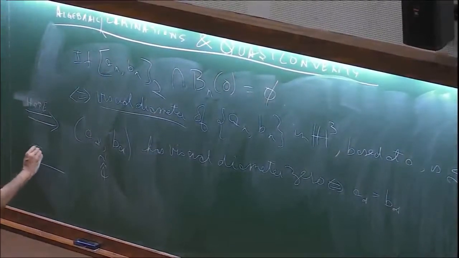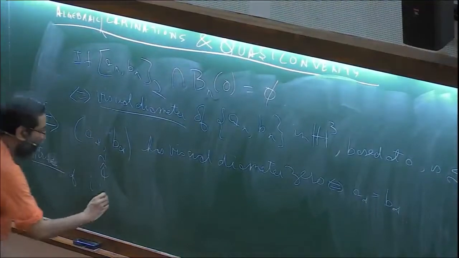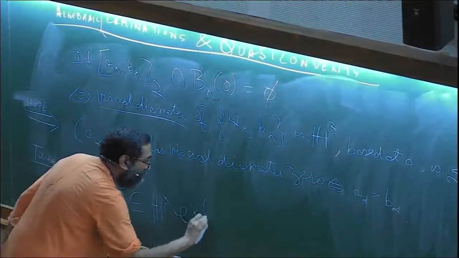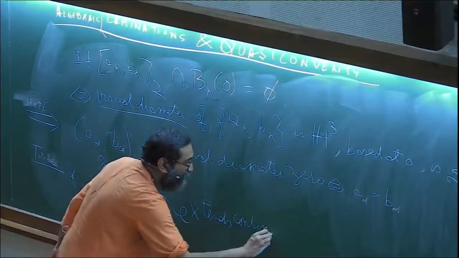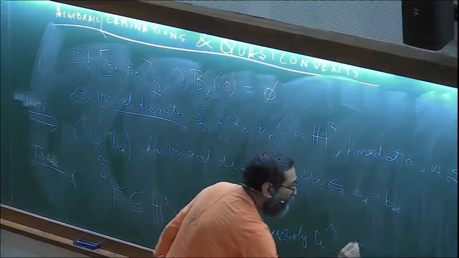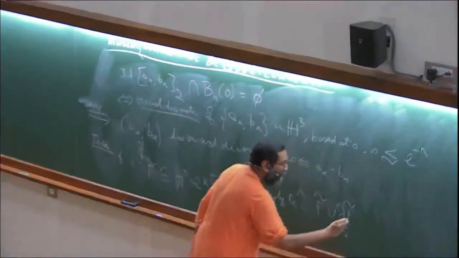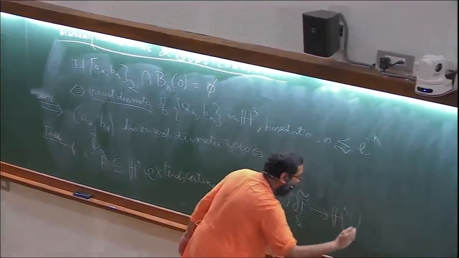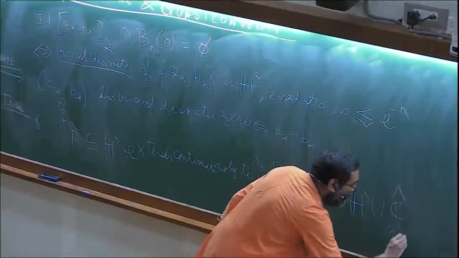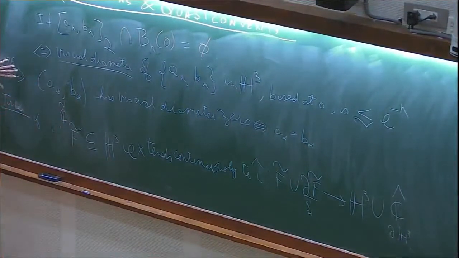This is true if the inclusion of F tilde into H3 extends continuously to I hat from F tilde union the boundary of F tilde, which is the circle at infinity, to H3 union C hat, which is the boundary of H3. So if there is a continuous extension like this, then this is exactly true.